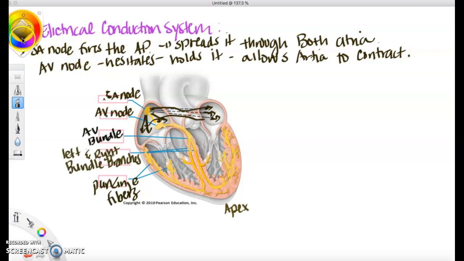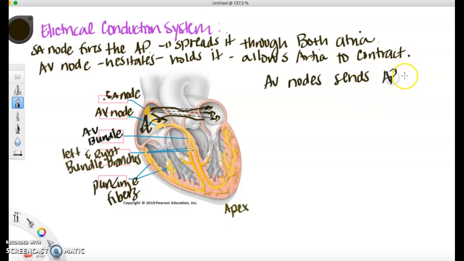So the AV node, after holding the action potential for a second, sends the AP into the AV bundle.